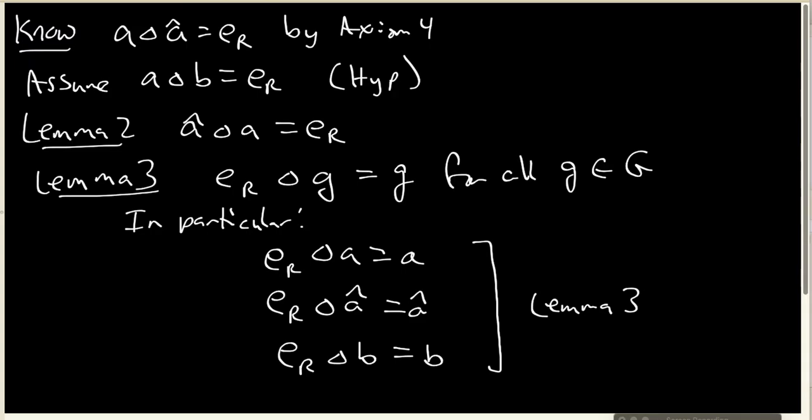Now I want to think very hard about these two things here. I can put them together to get an equation that I can manipulate. So let's look at that. We know that A triangled with A hat is equal to ER, and we know that that's also A triangled with B. That is our main hypothesis.